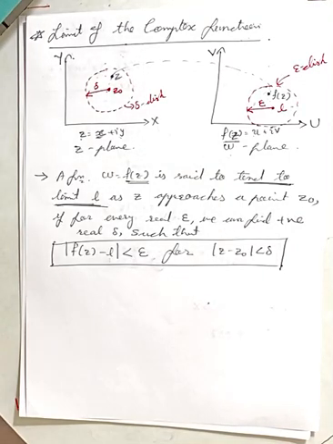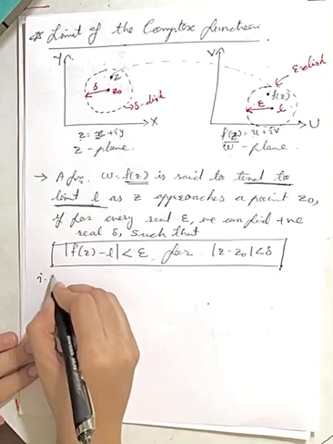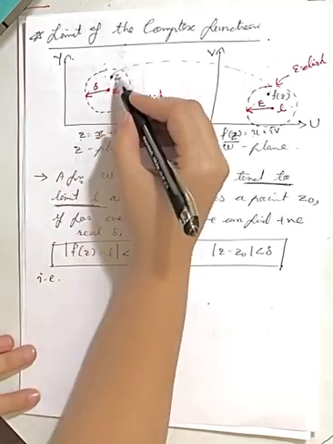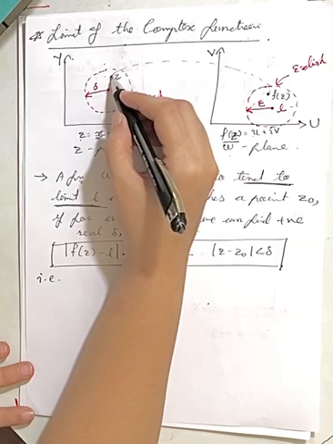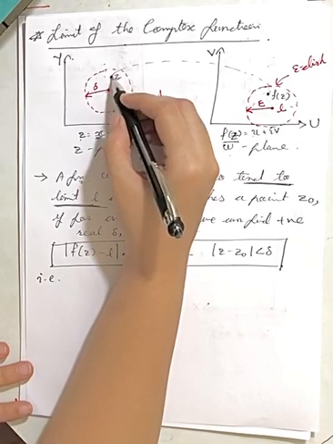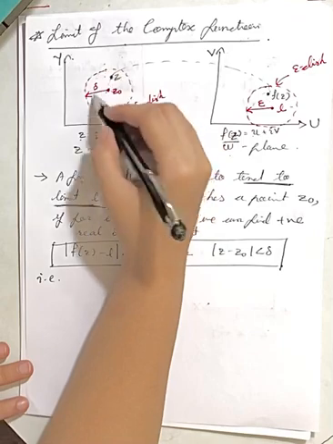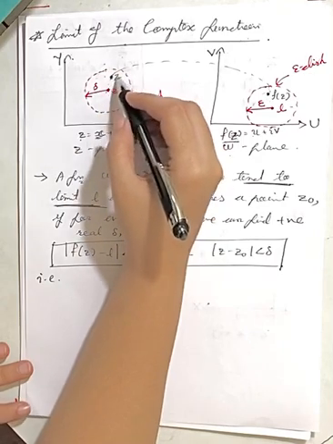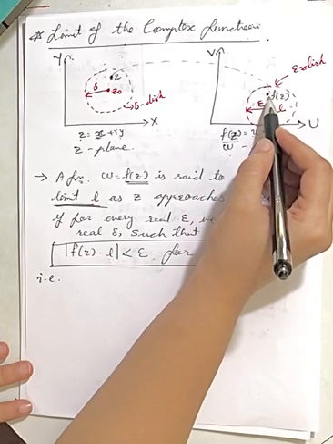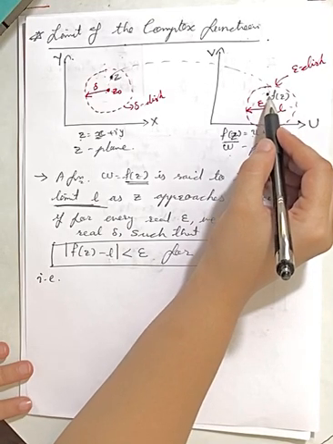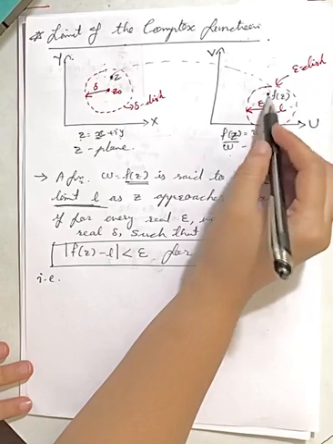Okay, so this means that for every z not equal to z0, that means z should be a different point from z0, in the delta disk of the z plane, there will be an f of z which will also be lying in the epsilon disk.